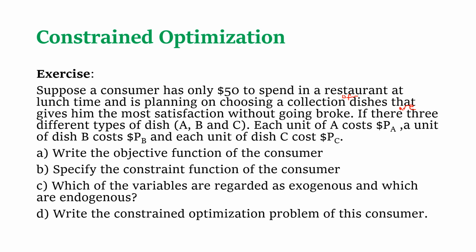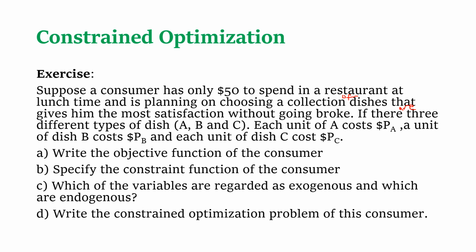And then what is your objective function? The objective function is simply to maximize utility. Here, maximize your happiness, your satisfaction, your utility, right? Which is U equals ABC, something like that. That's it. And then what are the endogenous variables here?